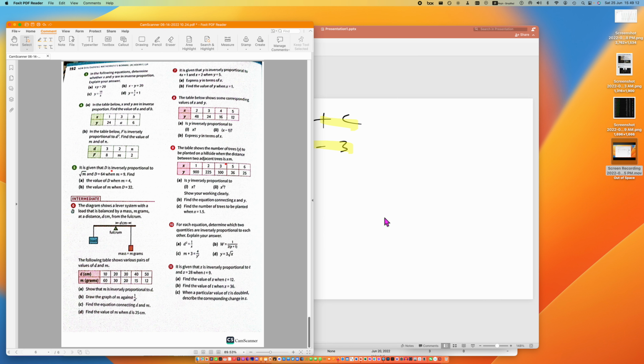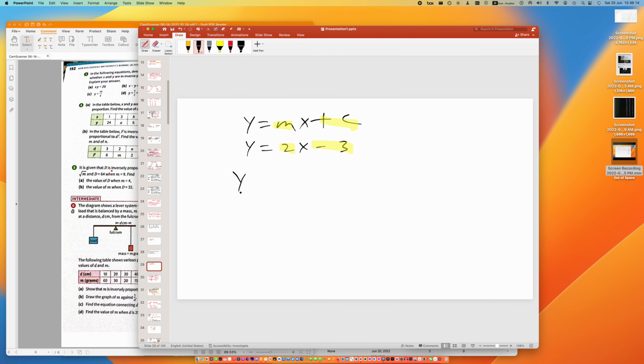So for example, this one, y equals 3 square root x. You need to express this into the format k times 1 over x. Are you clear? In this case, do you have the 1 over x, or do you have y equals kx? So what do you think?